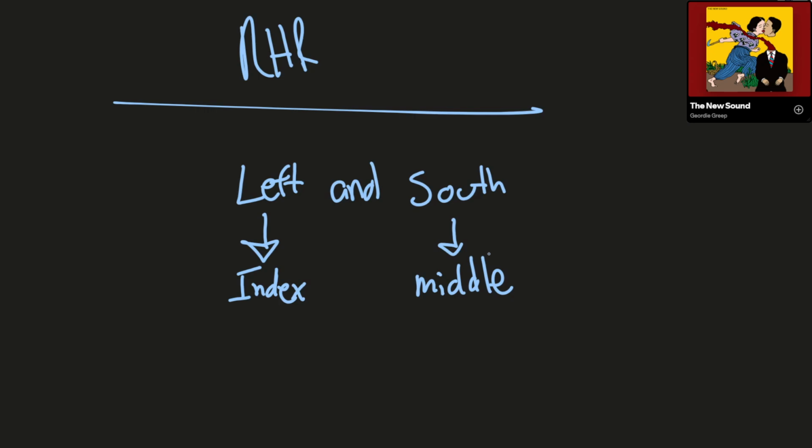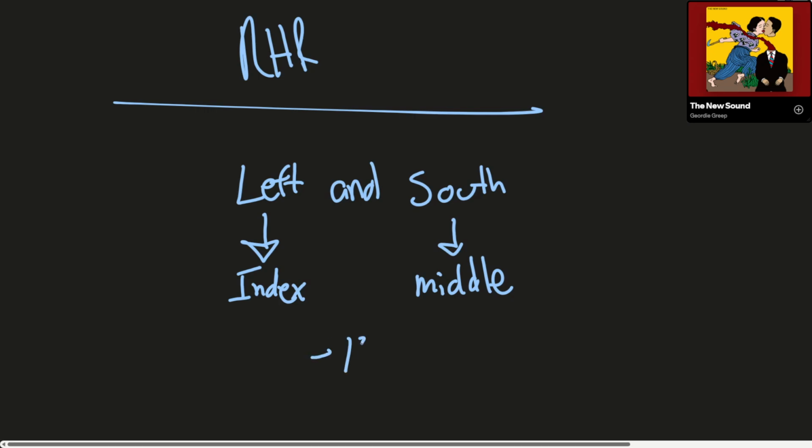Then whichever direction your thumb is pointing is the direction of the perpendicular vector, and that is the right hand rule. If it's pointing towards you, that'd be like a negative k value, and if it's pointing away from you, that is a positive k value.